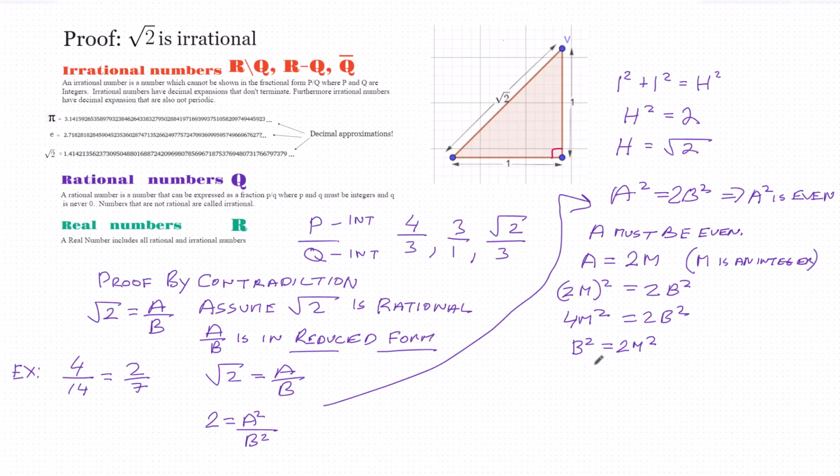That means b squared is even. So if b squared is even, then b must be even.